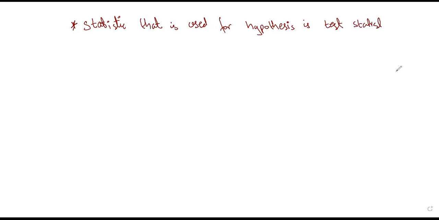Okay. Now in questions, which we will do just after this definition in examples, you will see that they would be asking you about the test statistic and stuff like that. Okay. So basically, the statistic that is used for hypothesis is the test statistic.